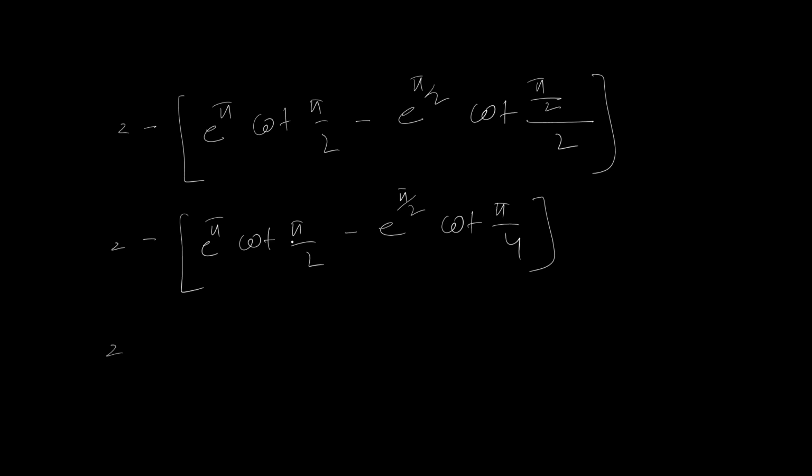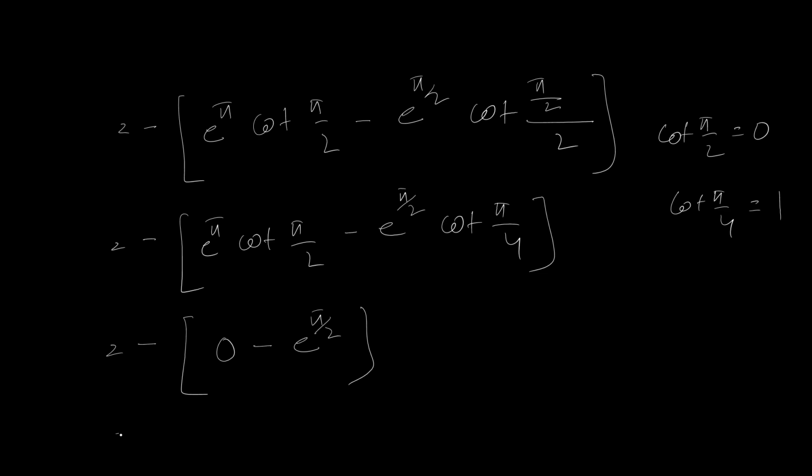Here you see cot pi by 2 is 0, and cot pi by 4 is 1. So minus this whole part, it will become 0 minus cot pi by 4, which is 1, so it will be e to the power pi by 2.